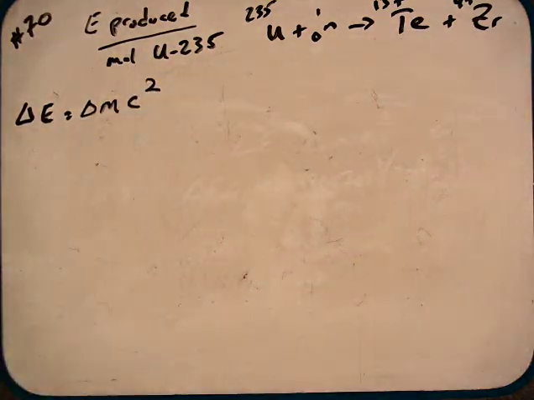And so we really want to use this equation, E equals mc squared, or the change in energy is really a result of the change in mass that we actually observe in the fission reaction.